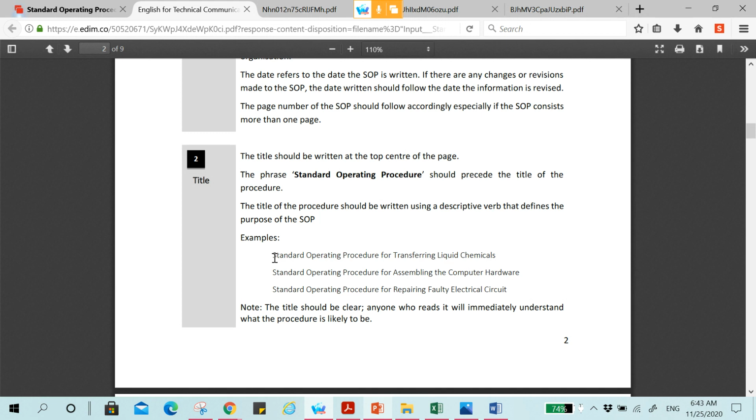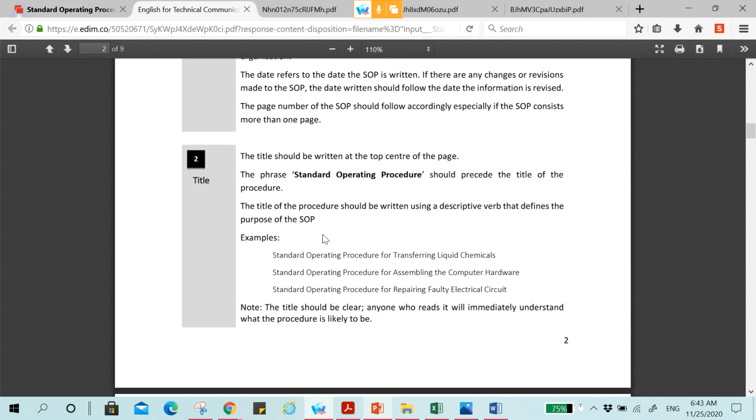For example here, the letter S, big S. Another example, O, big O. P, big P. T, L, C.